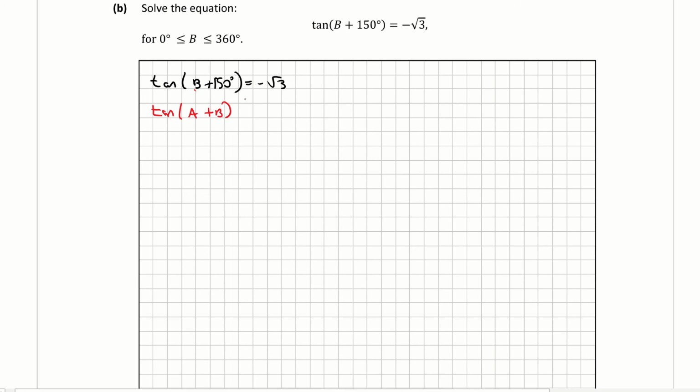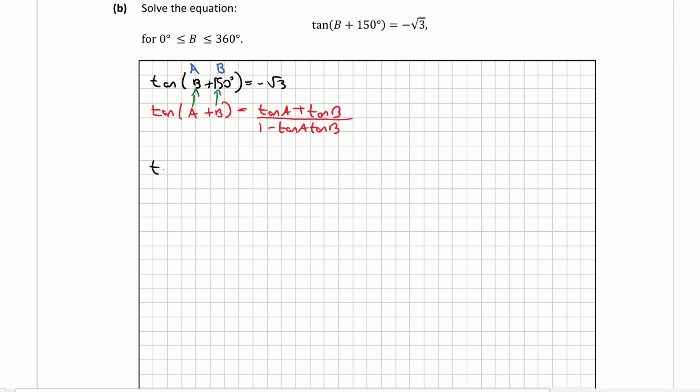So tan of a plus b is equal to tan a plus tan b, over 1 minus tan a times tan b. So this is basically just the formula. And I'm subbing in b for a, and I'm subbing in 150 degrees for b. So that's what I'm subbing in there. So that is that, and the b is 150.